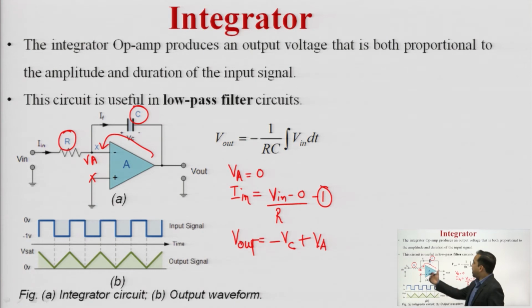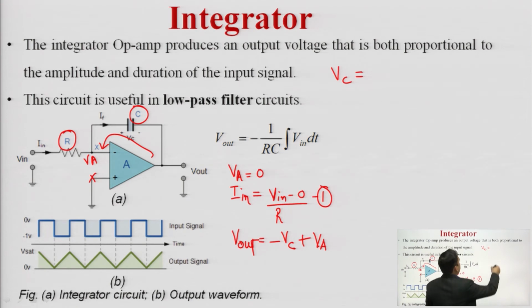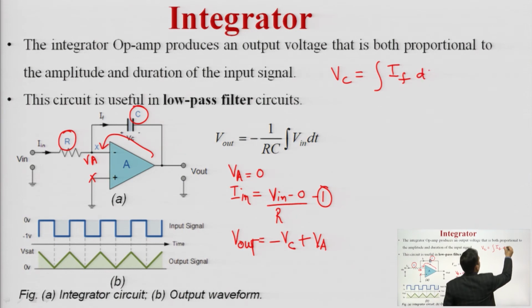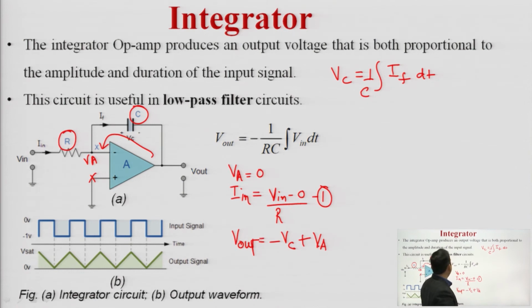If IF is a current which is entering through the capacitor, then the relationship we can achieve is VC equals 1 by C integration of IF dt.